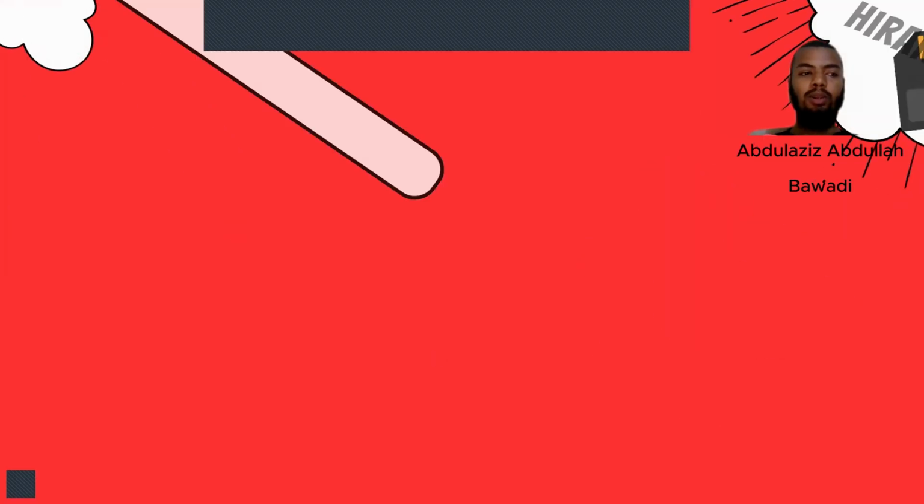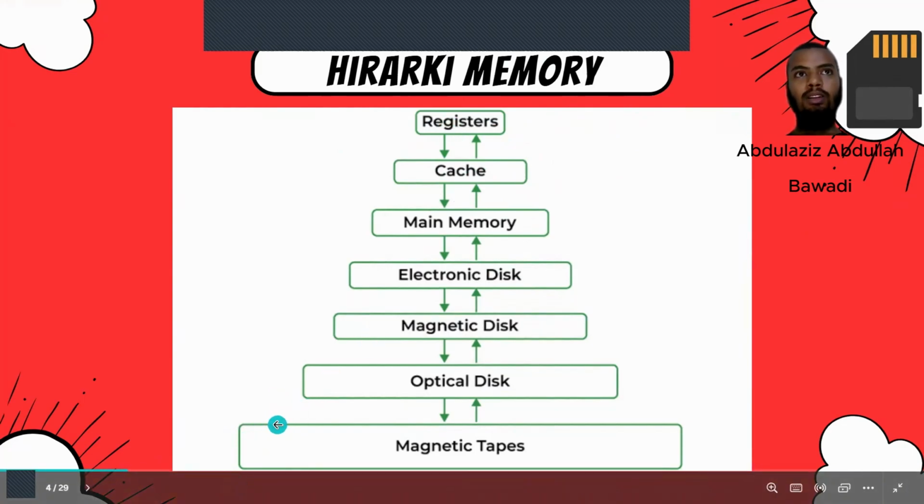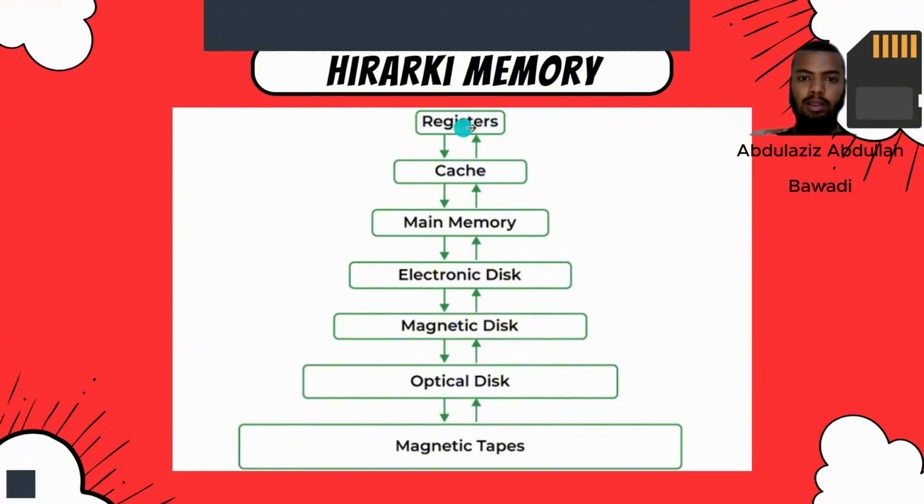So next we'll talk about the memory hierarchy. The memory hierarchy talks about the types of memories from the fastest to the slowest. First we have the registers and cache, which are inside the CPU.